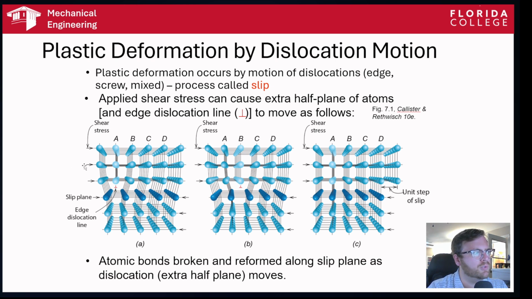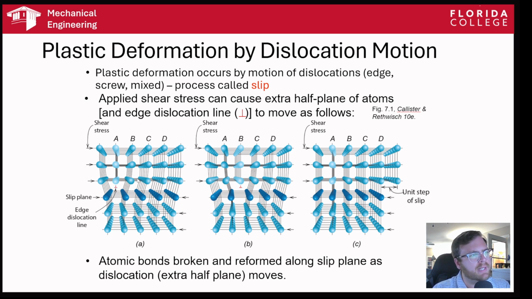We've got some shear going this way and some shear going that way. This edge dislocation is going to want to move. These bonds right here are going to break and then reconnect to these. And that's because, remember, metal atoms typically don't care what atoms they're connected to as long as they're connected to other atoms. So if there's enough force acting on this, these bonds will break and reconnect to fill this gap, essentially.